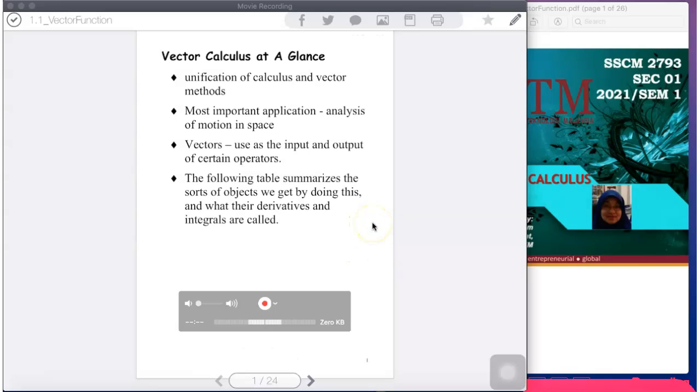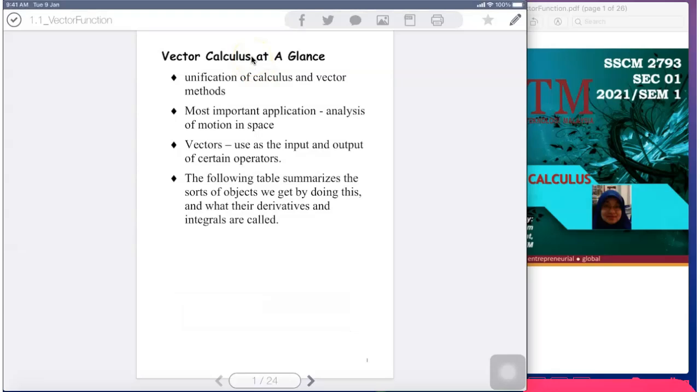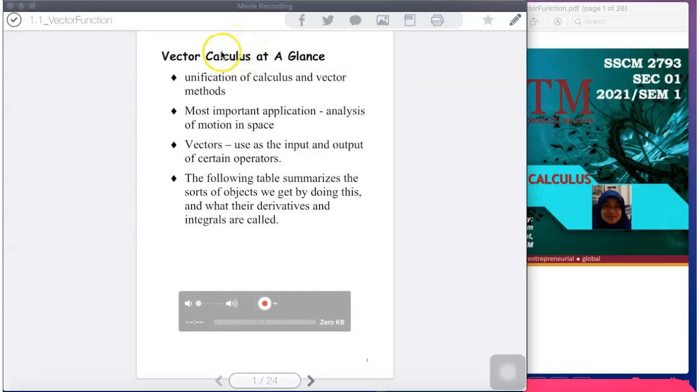Here, what is vector calculus? The two words are combined, vector and calculus. As we know, calculus has to do with differentiation and also integration. But now we have the word vector.